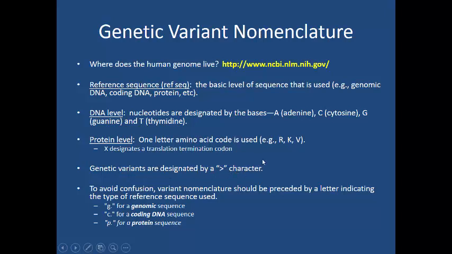So if there is a single nucleotide variant in the population, let's say a G to T, you'll see G caret T. Now, to avoid confusion, the information you present should be preceded by a letter indicating the type of reference sequence that is used. So G dot for a genomic sequence, C dot if you're presenting the coding DNA, or P dot if you're presenting a protein sequence. And I have a couple of examples of this, so I think it'll make more sense.